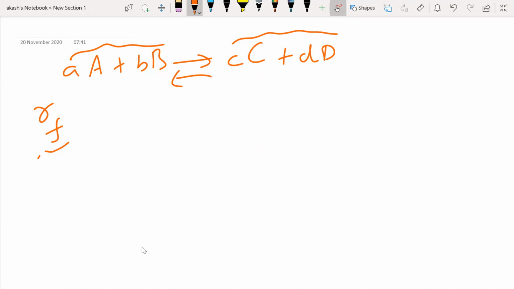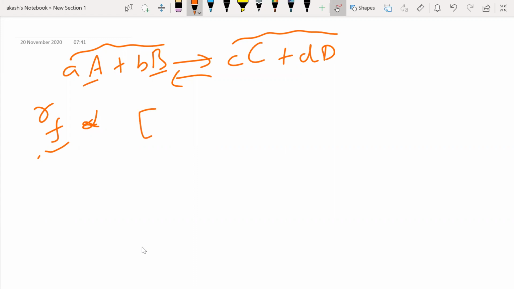So RF, the rate of this reaction, is directly proportional to what it says, the product of active masses. Active masses in this case we will take as concentration. So how many reactants are there? Two reactants.